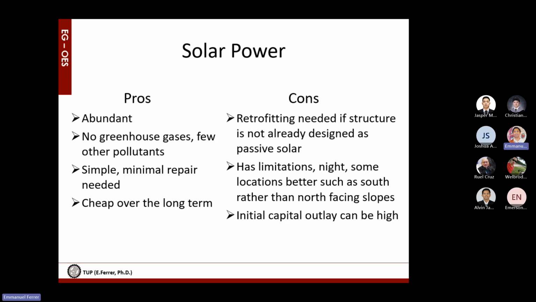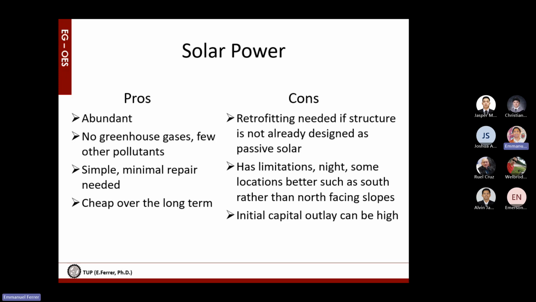Ang cons, ayan, so retrofitting needed if structure is not already designed as passive solar. So, retrofitting, ayusin mo yung pagkaka-build ng building. Maglalagay ka siguro ng mga additional installation just to ensure that you get the most out of your setup.